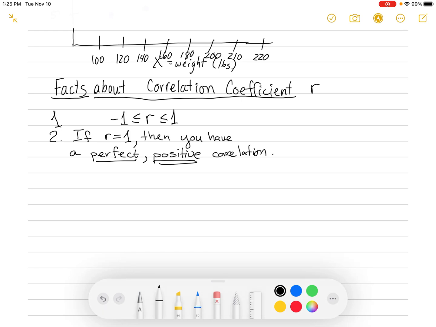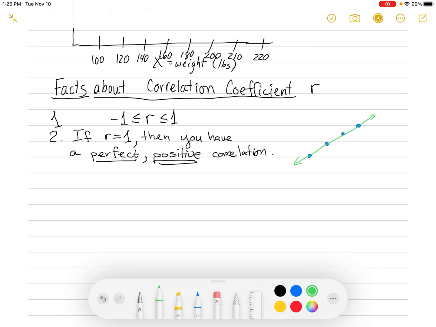So what does that look like? Well, let's say you got some points, and if the points are lining up exactly in a straight line and they're moving in an upwards direction as you go from left to right, if the line is increasing as you go from left to right, we call that a perfect positive correlation.